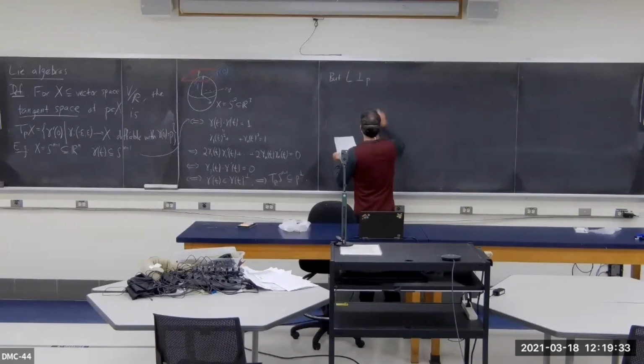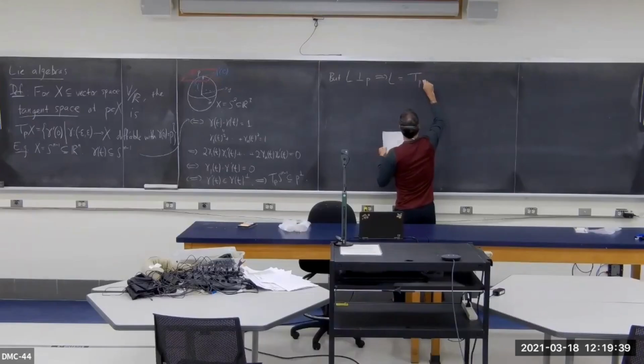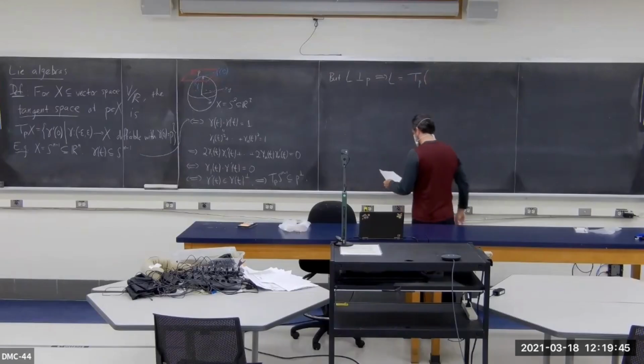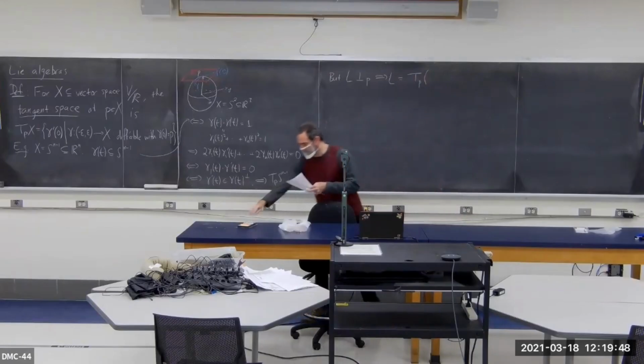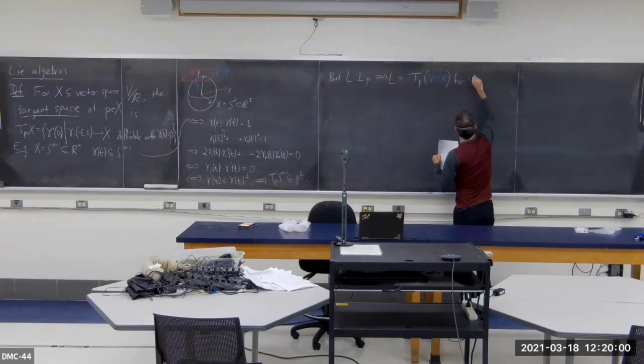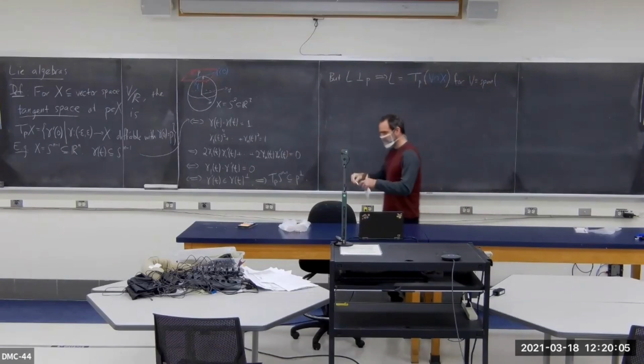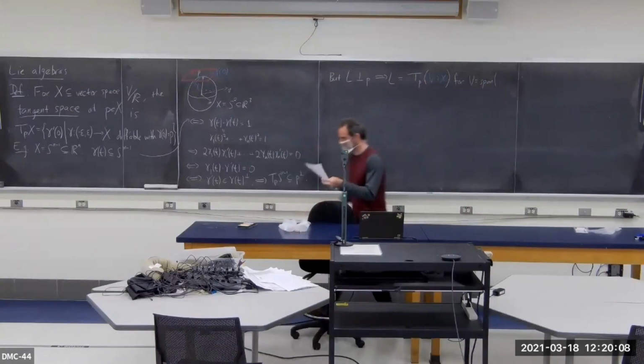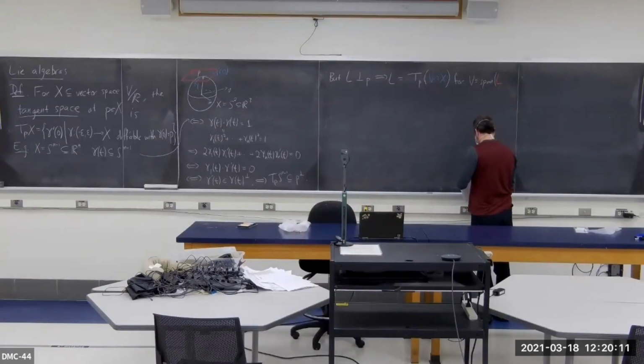So I claim that that line is equal to the tangent space at p of V intersect X, where V is equal to the span of L and P. So what's the picture?